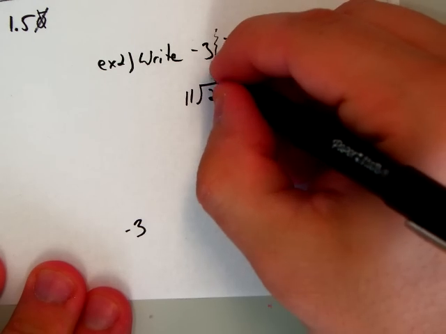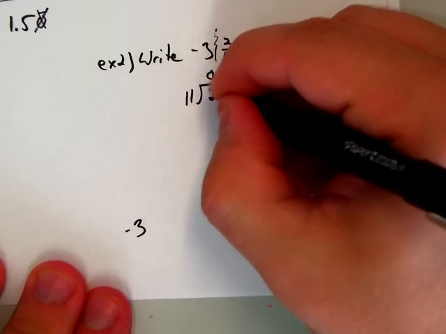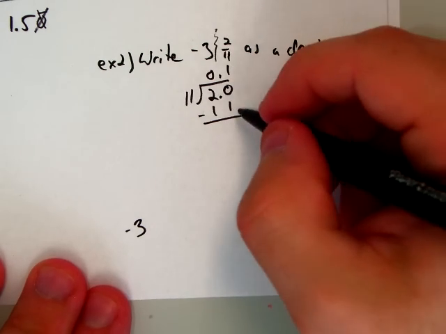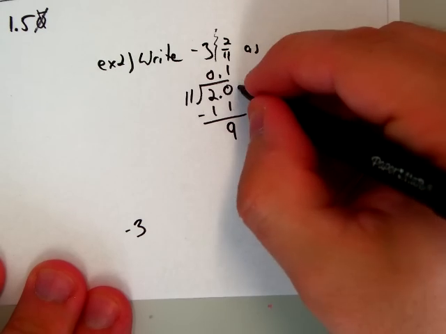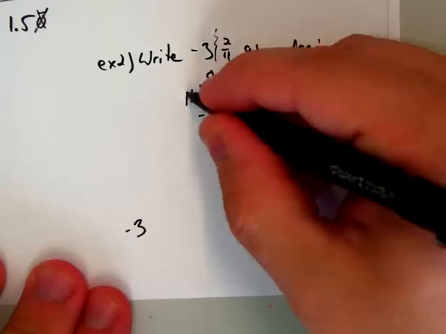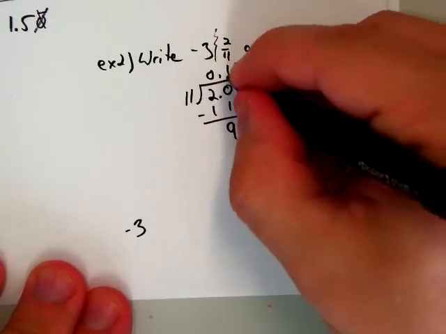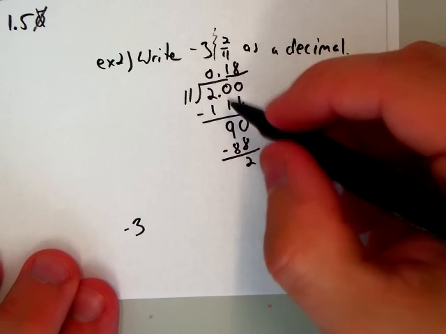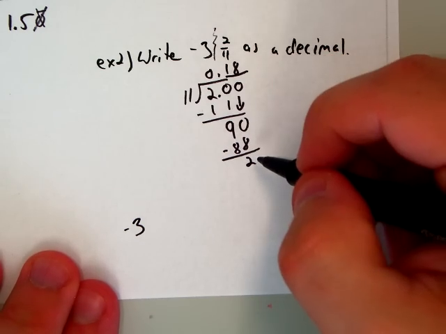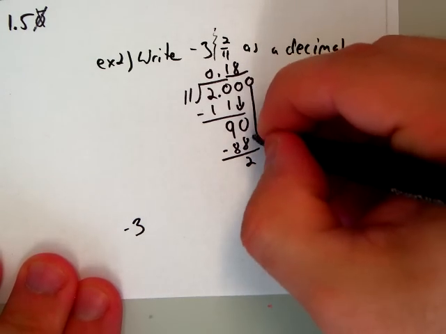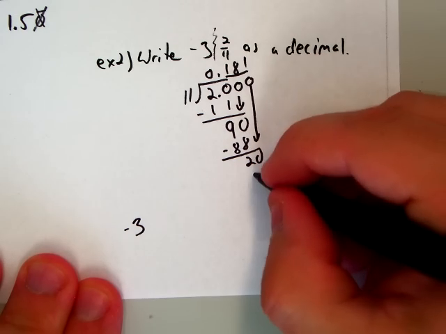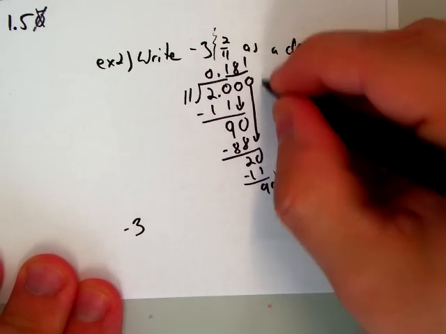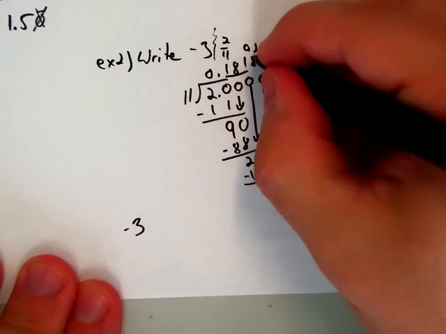11 doesn't go into 2, but it can go into 20 one time. 20 minus 11 is 9, not 0, so I need to bring down another one. 11 goes into 90 8 times, which would be 88. Subtract, I get 2. Notice how there's a 2 here and a 2 here. If I were to continue this pattern, it would move on indefinitely, because this is a repeating decimal.